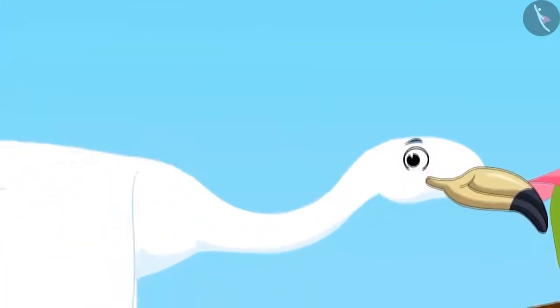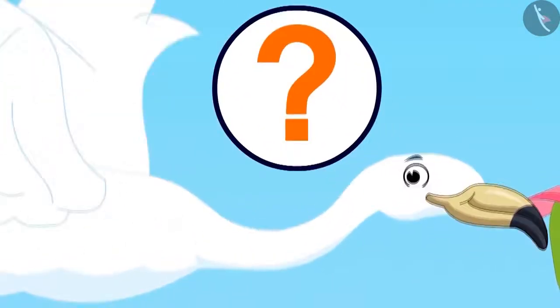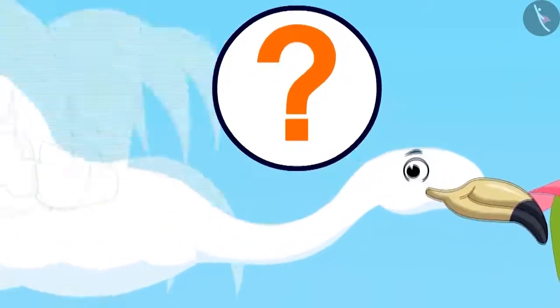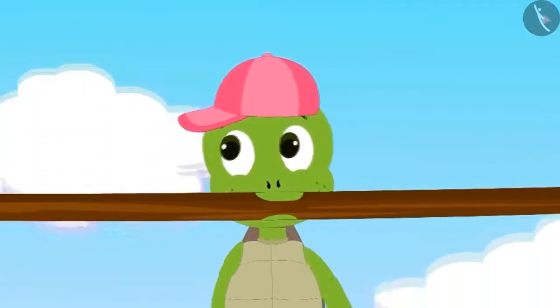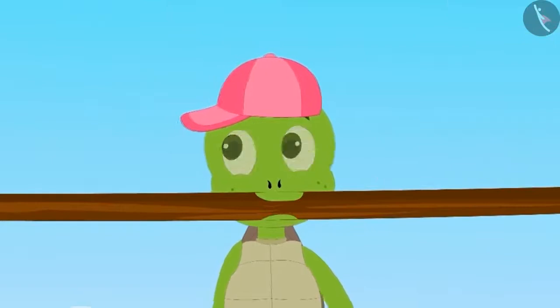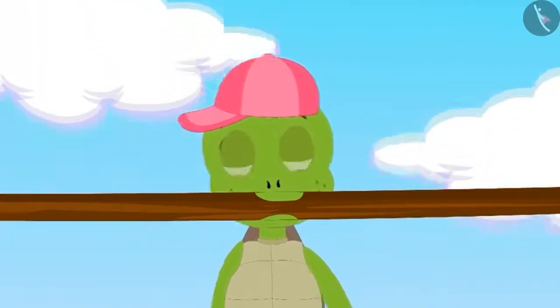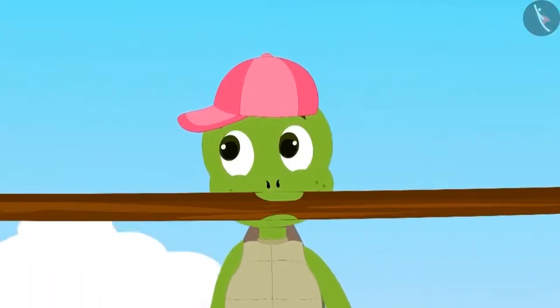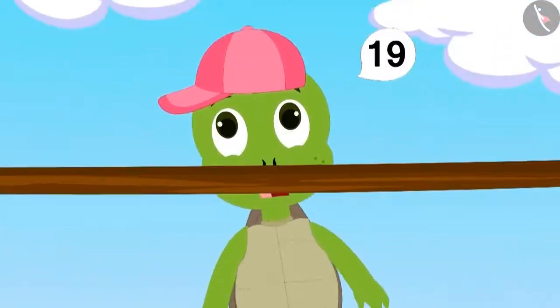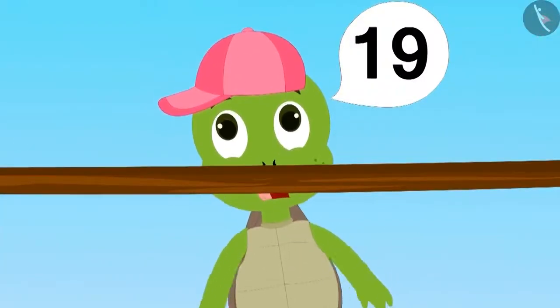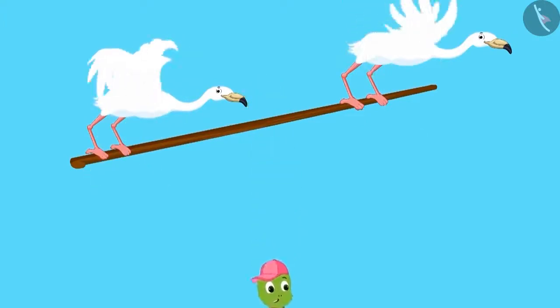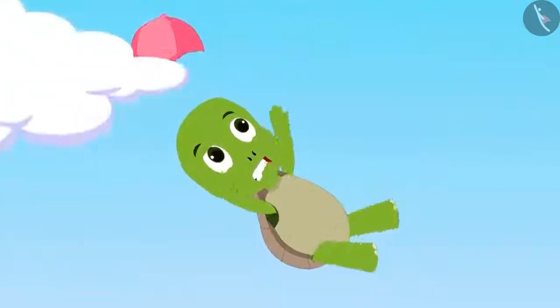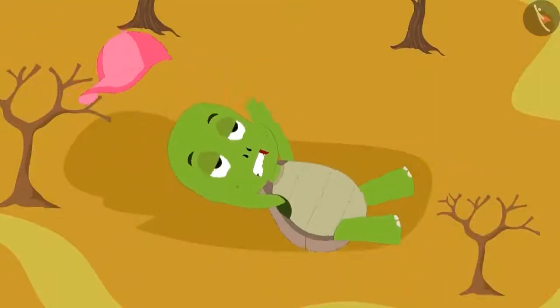The second bird was unable to find the answer to this puzzle. Upon seeing this, Tufan thought that he could show the birds that he is more intelligent than them. He immediately said, 19. As soon as Tufan opened his mouth to answer, the poor fellow fell straight down from the sky.